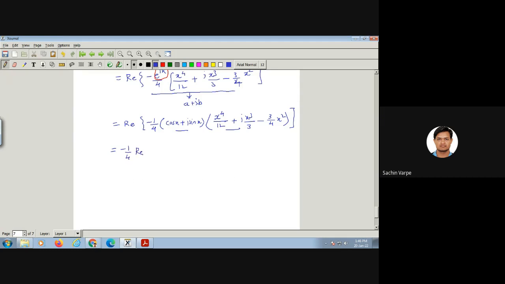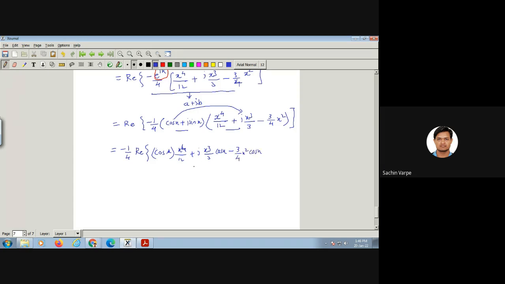-1/4 रियल पार्ट ऑफ cos x into x raised to 4 by 12, plus I x cube by 3 cos x, then this into this I have done, then this into the last, that is -3/4 x square cos x.